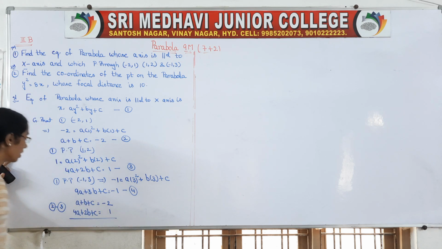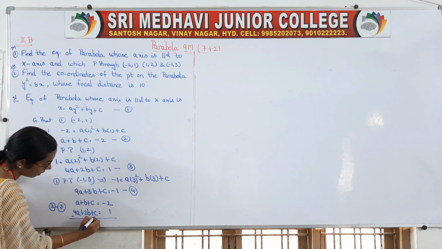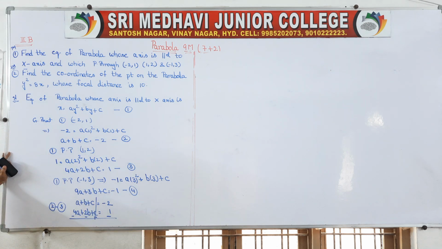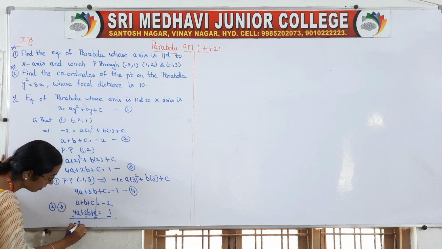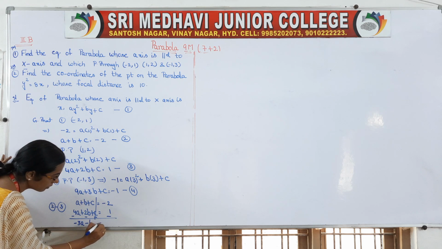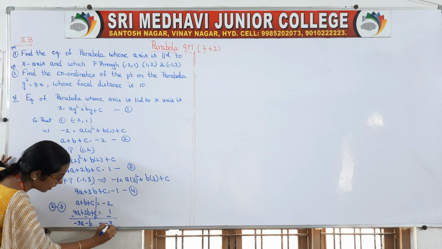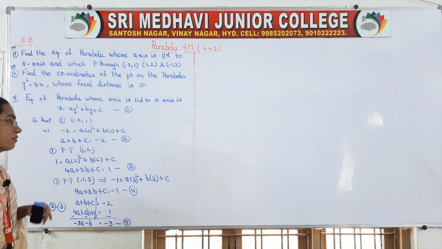Okay, we are doing second minus third. So minus, minus, minus. Plus c minus c cancel. So a minus 4a is minus 3a minus b is equal to minus 3. You consider this as your fifth equation.